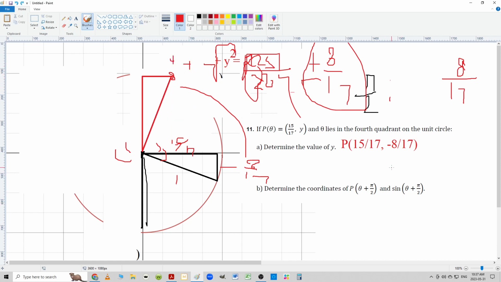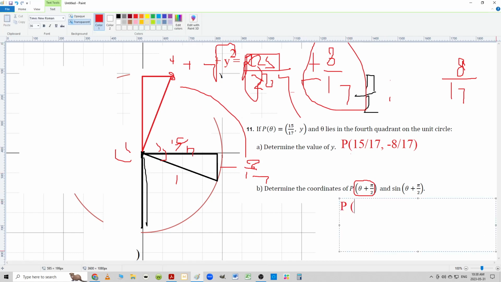So that means the coordinates swapped. If I add 90 degrees to it, the new point is positive 8 over 17, comma, positive 15 over 17. That's the new point. And since sine of this new angle is equal to y, then sine of this new angle, x plus pi over 2, is equal to 15 over 17. There, I think that's a clear explanation.